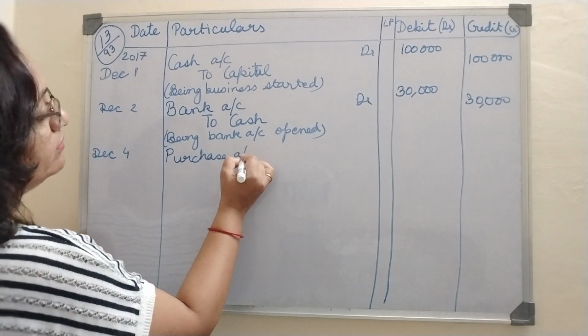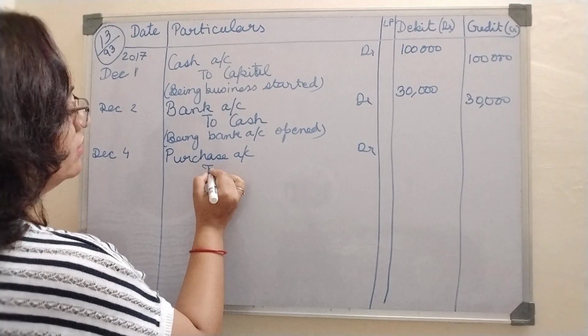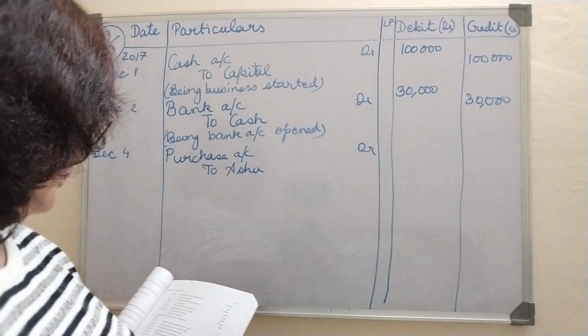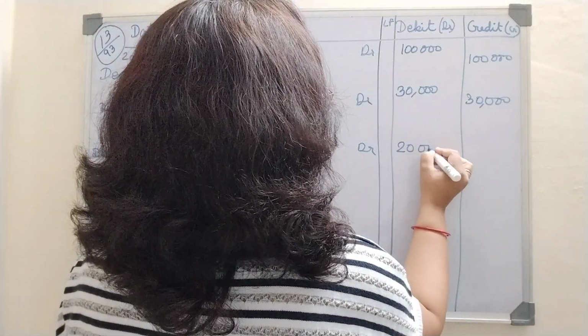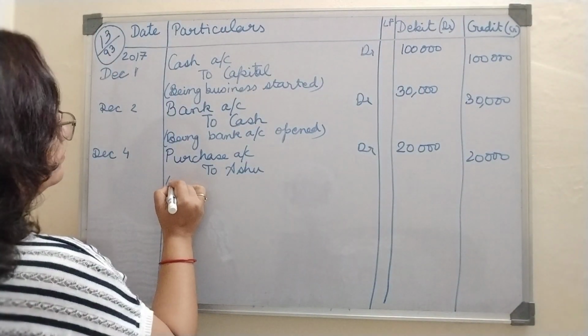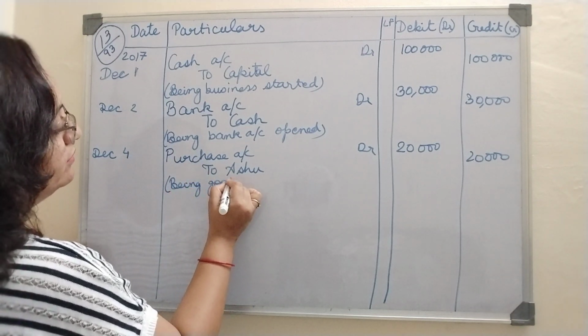Purchase account debit. And who is the giver? Ashu. Credit the giver to Ashu. So 20,000. Being goods purchased on credit.